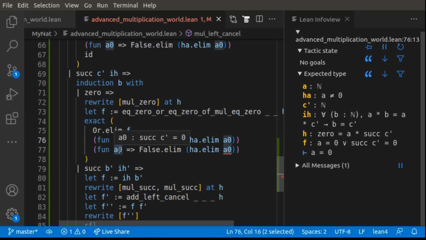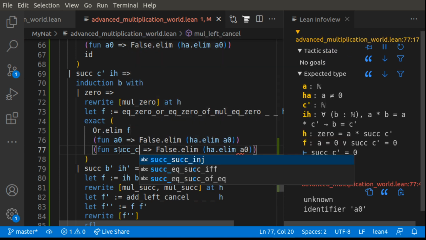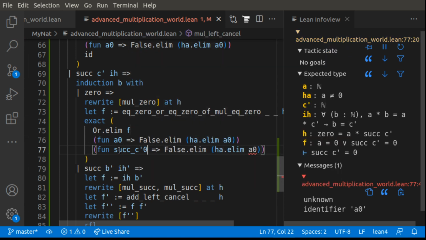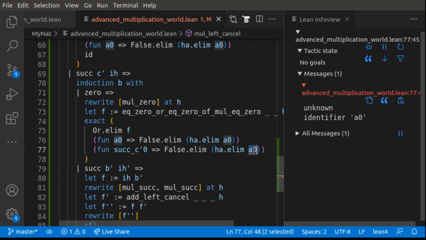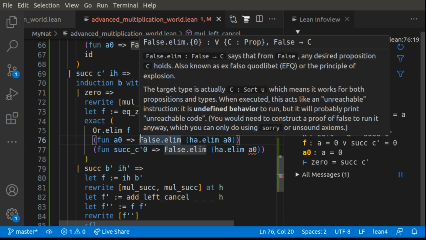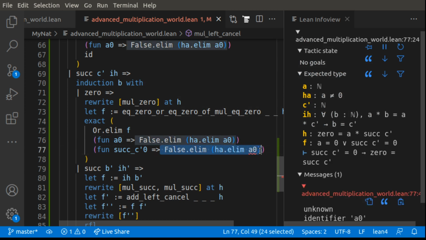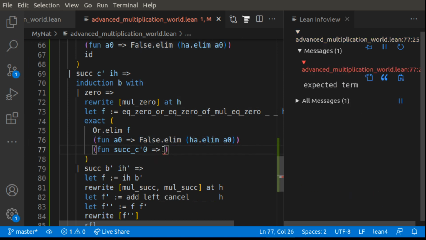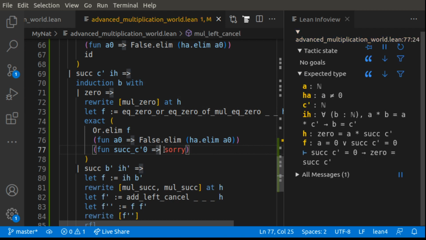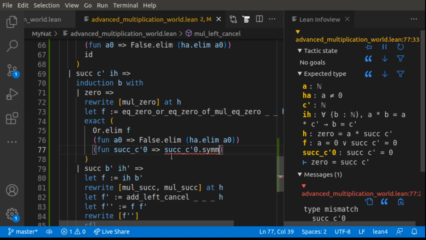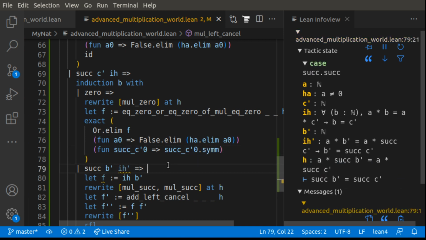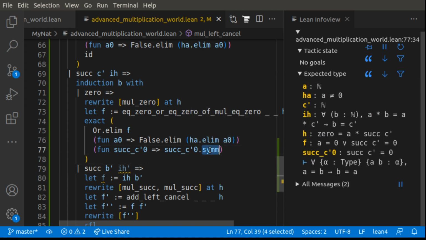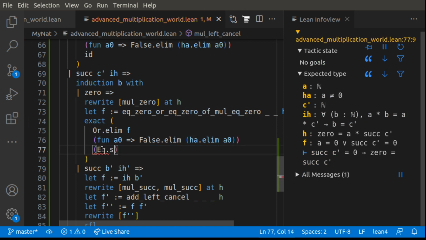A equals 0. Successor C prime 0. This is that, and then this is just... What is this? Sorry. Let's put a sorry here for now. Is it not just this? Oh, .symm. Okay. In that case, this can just be eq.symmetric, right? Heck yeah.